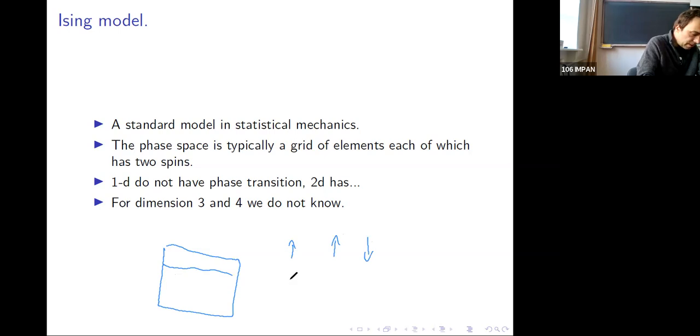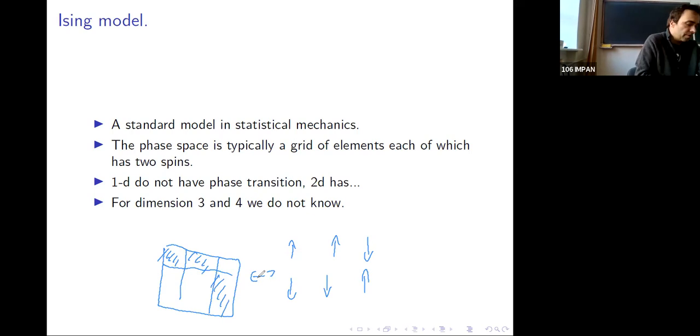So for instance, if I have a configuration like this, then I build a cubical complex, which is in this case 3 by 2. If the spin is up, I put in the cell, and if the spin is down, I am leaving it empty, so there is no cube over there.